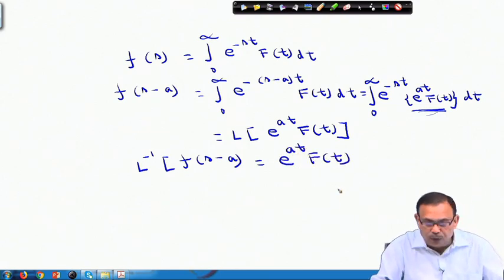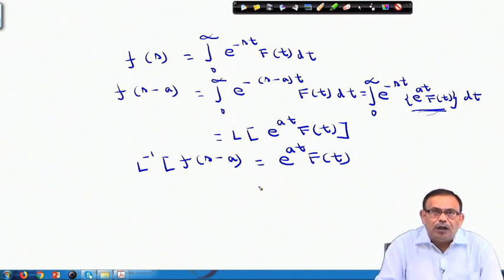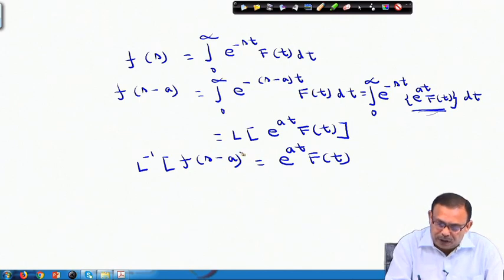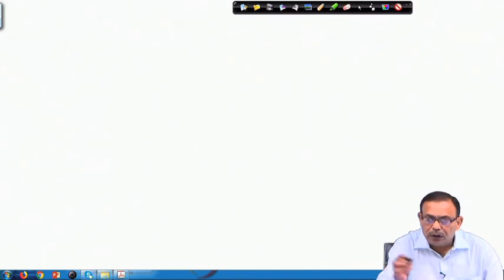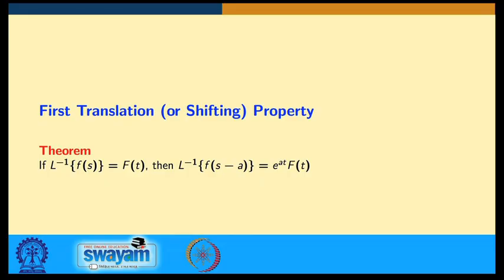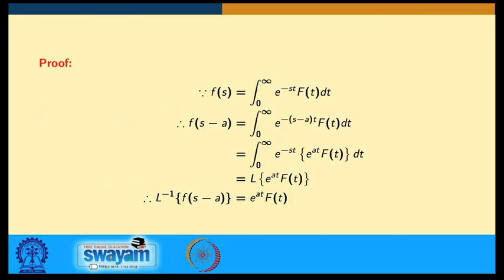So, this completes the proof that if Laplace transform of f(t) is F(s), then Laplace inverse of F(s minus a) equals e power a t f(t). Just to give the proof again: F(s minus a) is this integral from 0 to infinity, which is nothing but the Laplace transform of e power a t into f(t), which completes the proof that Laplace inverse of F(s minus a) equals e power a t into f(t).